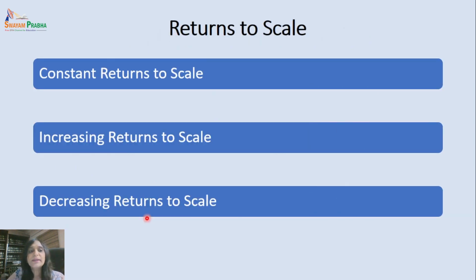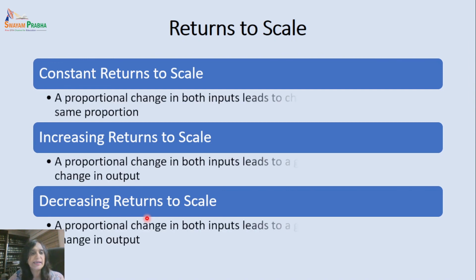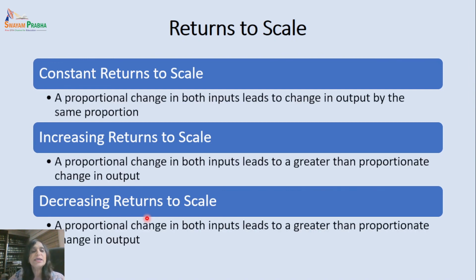Okay, so quick recap. Three types of returns to scale we have seen: constant returns to scale, increasing returns to scale, and decreasing returns to scale. Constant returns to scale means a proportional change in both inputs leads to a change in output by the same proportion. You change inputs by 10%, output also changes by 10%.